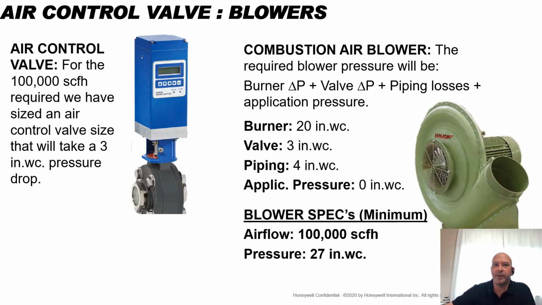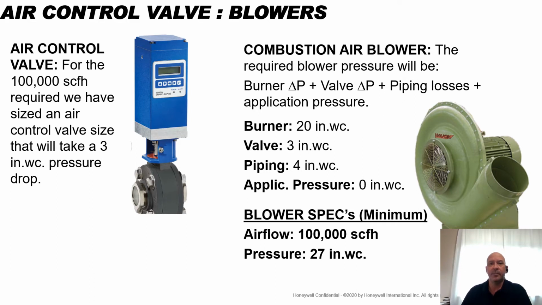So there's our burner. Now the air control valve and the blower. For the air control valve, I'm not going to go through all this sizing. It's a short video tip. For the 100,000 SCFH we require for this system, we've sized a control valve that's going to take a 3-inch pressure drop at its full open position, which is a good pressure drop to start from. The combustion air blower's flow and pressure required is going to be our 100,000 SCFH, but the pressure is going to be the total of the pressure drops through the system.